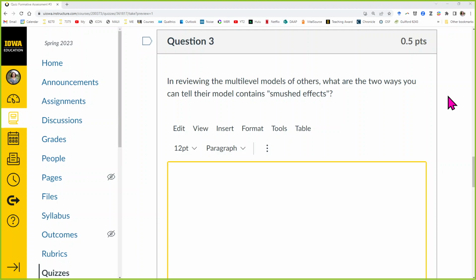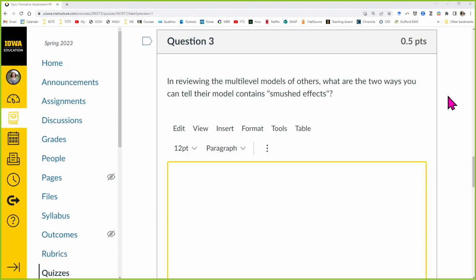How could a smushed effect be detected via reporting R squares or things like that? If level 1 and level 2 pseudo R squareds change when you only put one variable in. Yep. There has to be the 2 components of variance within that variable. Exactly.